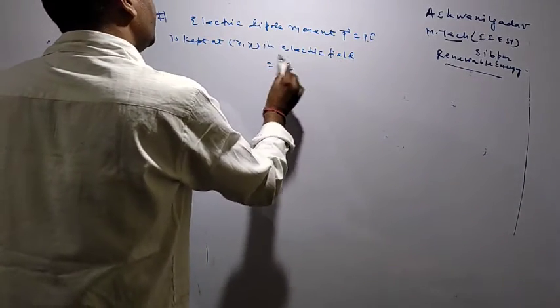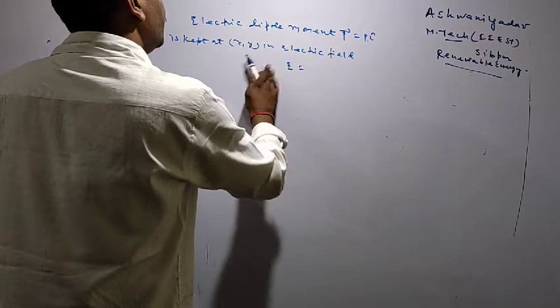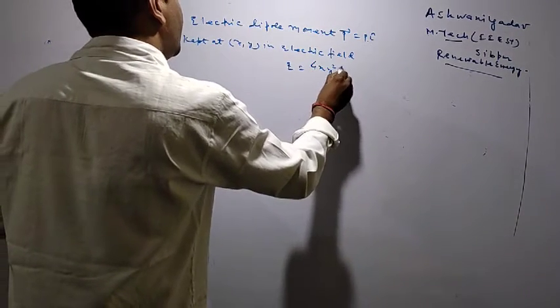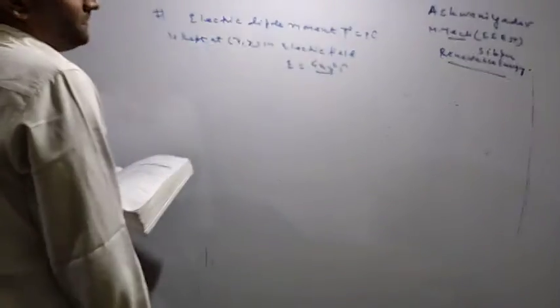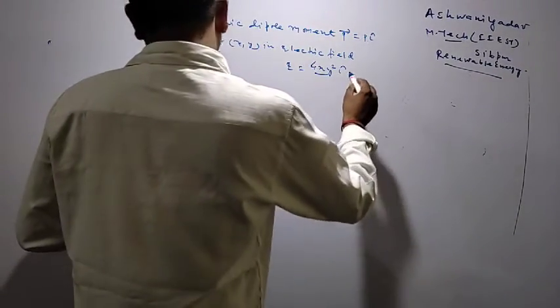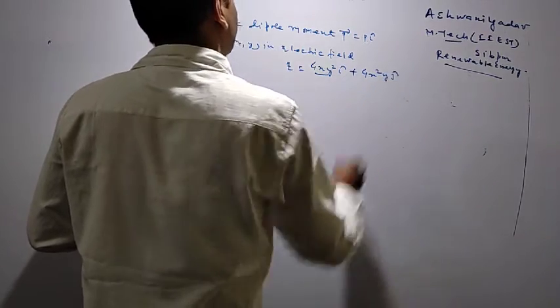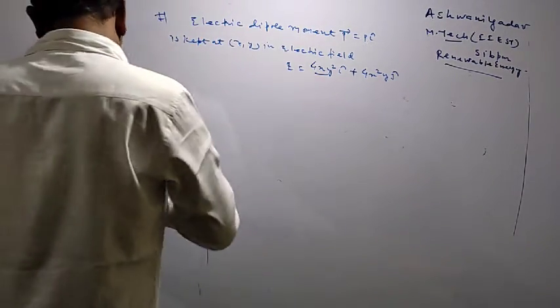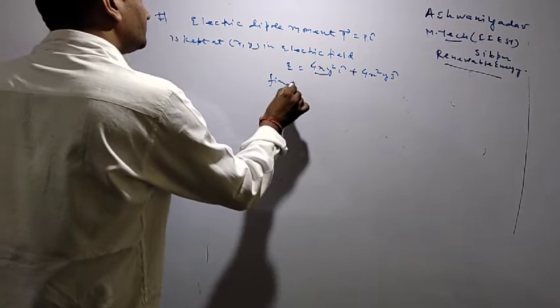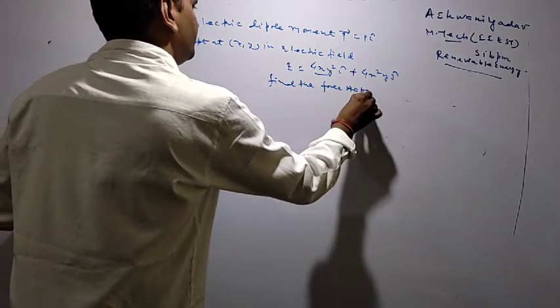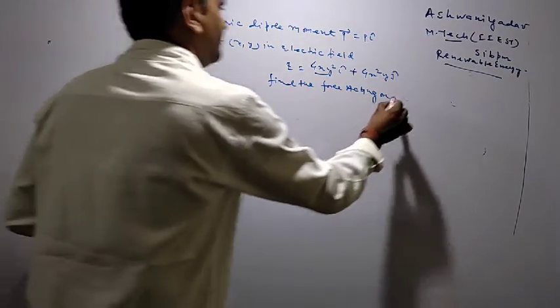Now we see the electric field is under the expression 4xy square i plus 4x square y j, a function of x and y. Then find the force acting on the dipole.